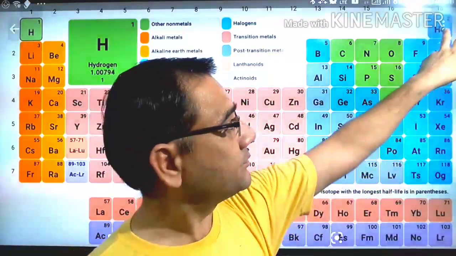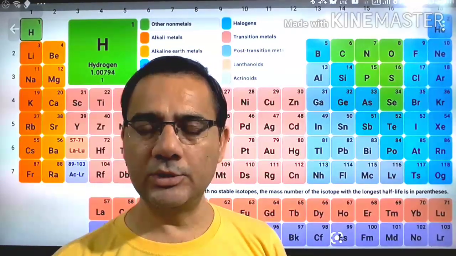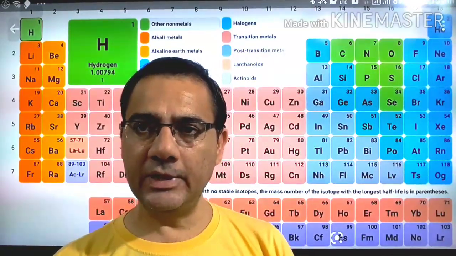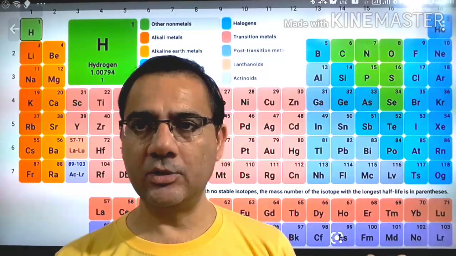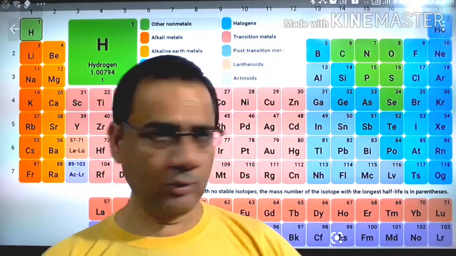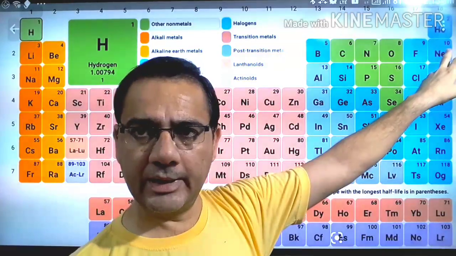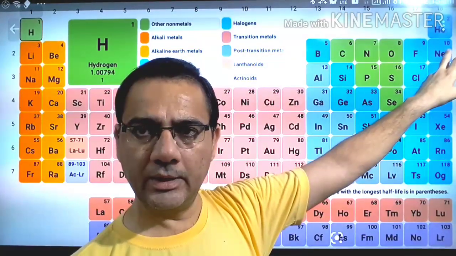Except helium. Helium is the exceptional case. Helium has only 2 electrons in the outermost shell, but it is also very, very stable. It also does not react at all with any of the elements. Except helium, all the elements have 8 electrons in the outermost shell. After helium comes neon, atomic number 10, configuration 2 and 8.